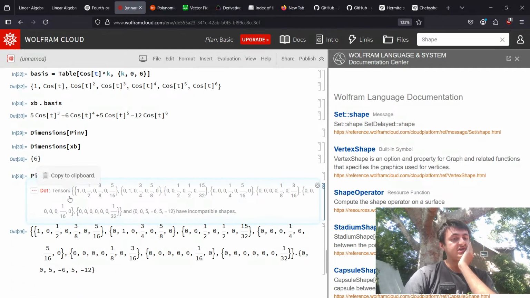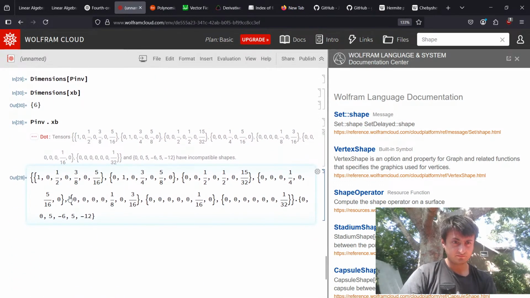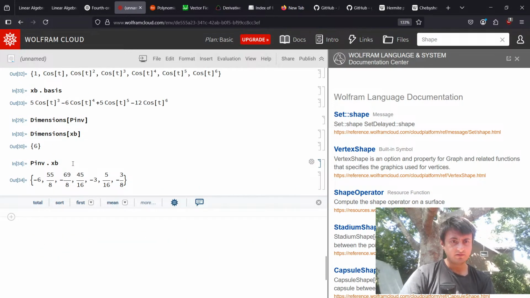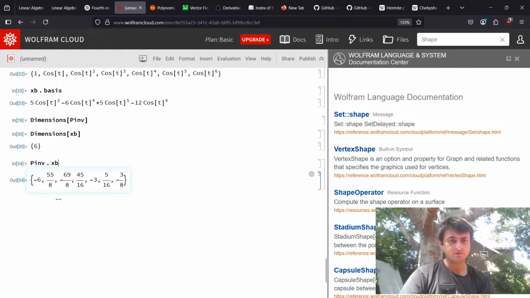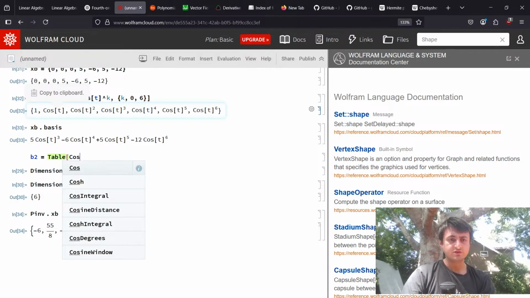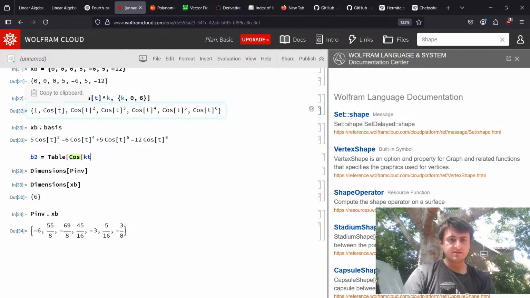So now we can just do this, right? So basis 2, let's call it b2, is going to be table cos kt, k up to 6, right?